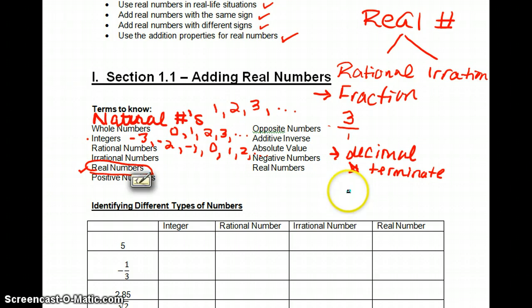The decimal comes to an end. Or decimals that repeat, like 0.33333 forever, 0.6666666 forever, 0.125, 125, 125. There's a pattern to that decimal. Those are also rational. Okay?